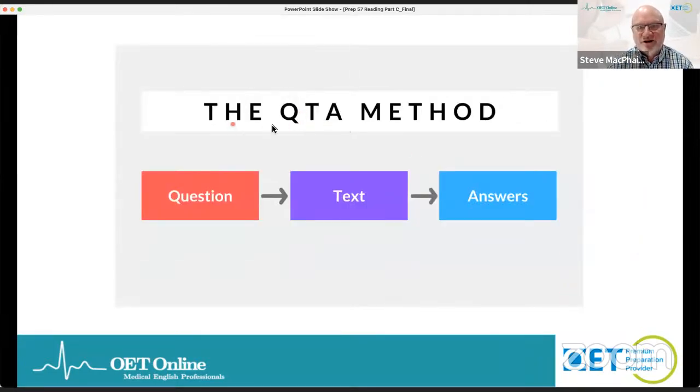Now we're going to look at the QTA method. This means read the question stem, then read the text, read the answers. You can mix it up. You can do question, then answer choice and text. But honestly speaking, for Reading Part C, I don't see a great advantage in reading through all the answers unless you're really running out of time, because the answer choices, you can't really predict what the answer is going to be.